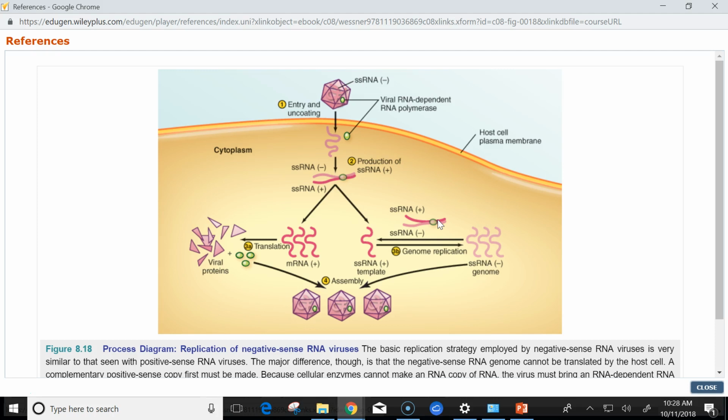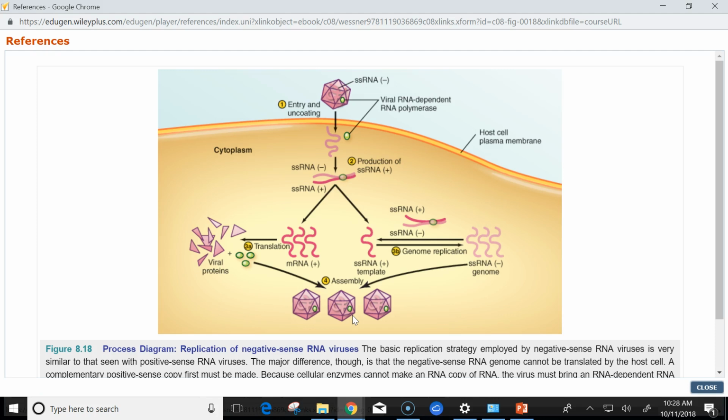They come with their own enzyme that turns their negative RNA into plus RNA. So that's now the same as messenger RNA, so our ribosomes can attach to it and make their proteins for their protein coat. And then some of it just gets copied by their enzyme into more of their negative strand. And then assembly happens.